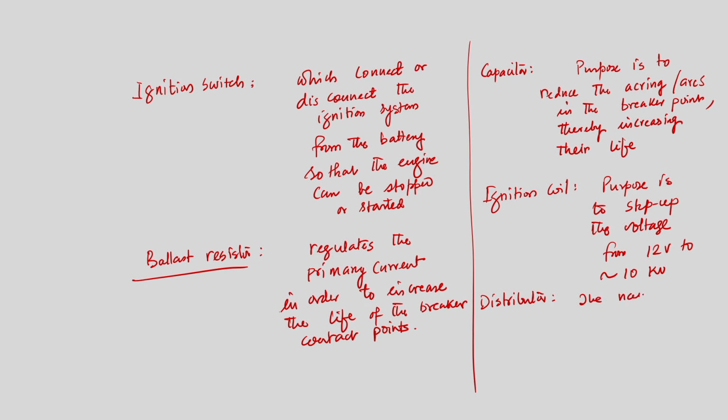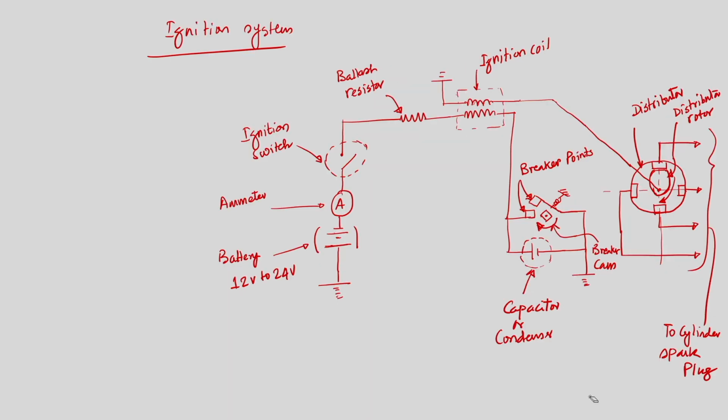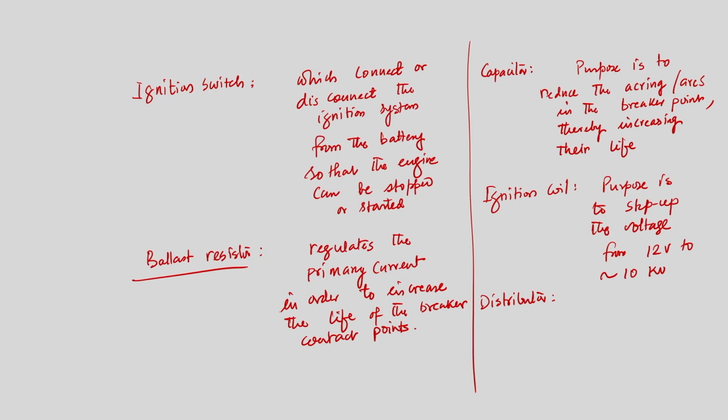The name I am not going to write. So, why are you calling it distributor? Because the name distributor comes from the fact that it is used to distribute high voltage among the different cylinders, and that is why the name distributor is coming.